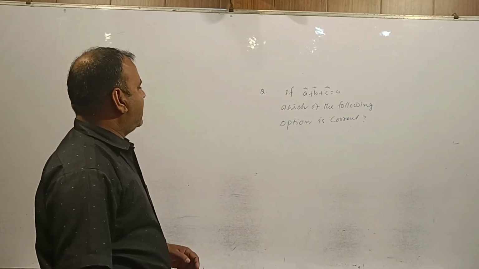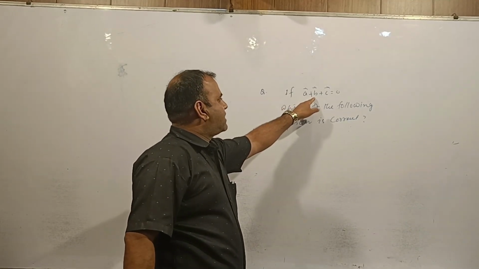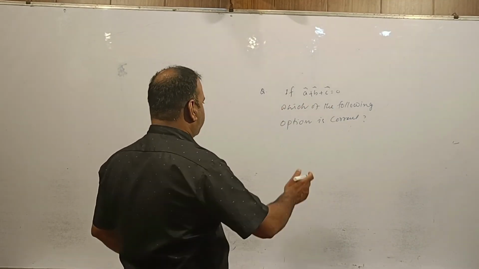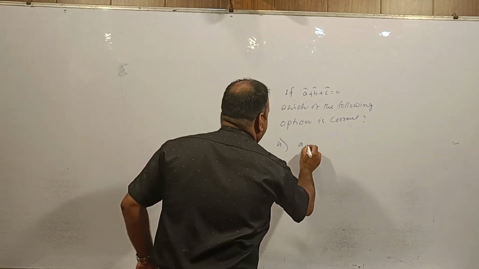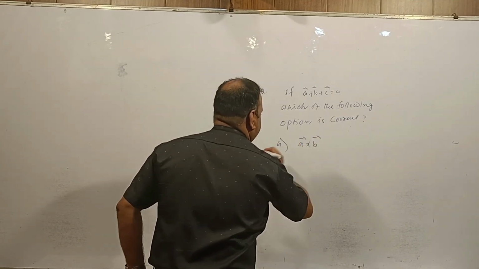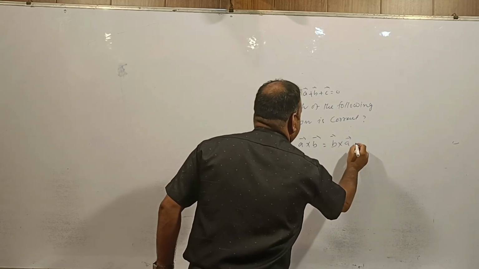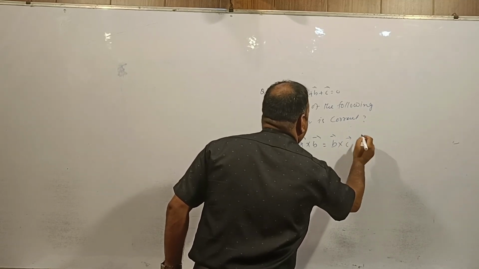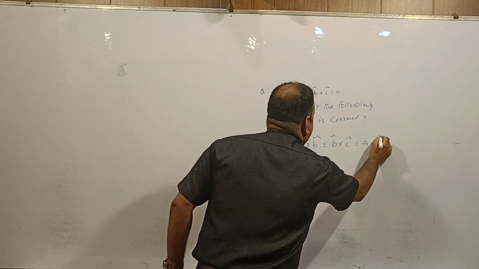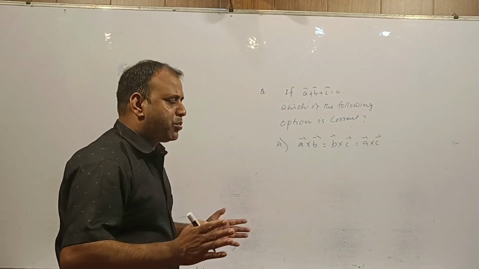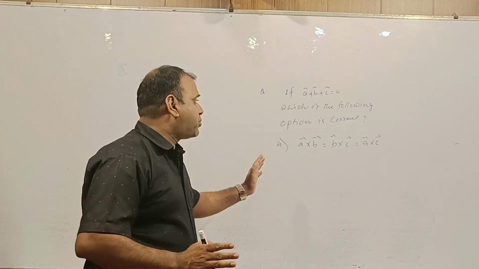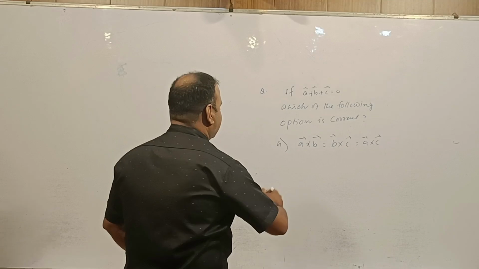Now see, A plus B plus C is equal to 0 is given. So the options are given like this: A cross B, as I already taught today, is equal to B cross A; B cross C is equal to A cross C. I will give the 4 options, but all the options remain the same, with only a slight difference.